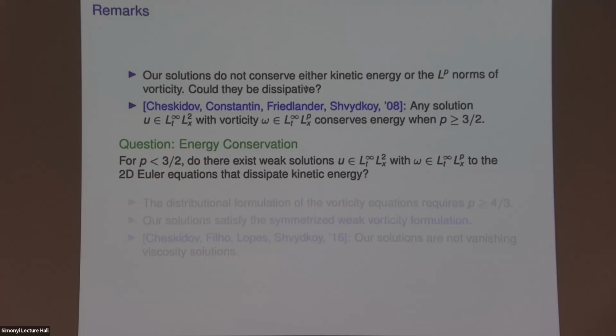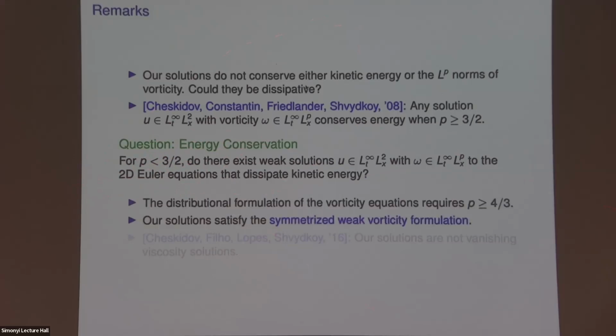We can prove this only for a very limited range of exponents around 1. But in principle, it might be possible that energy non-conservation holds up to 3/2. That's an open question, I don't know.